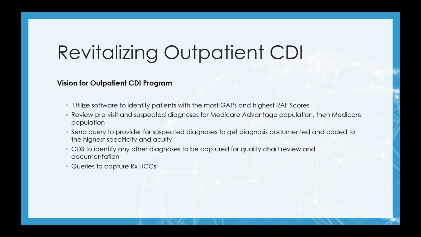And RX HCCs, again, are the ones that are not really in those HCC categories. And then sometimes you'll see the patient is on medications, but there are no diagnoses to correlate with the medications. It may not even be an HCC, but you want to make sure that that chart is really, again, telling that patient story and making sure that we're providing all that we can for those patients.